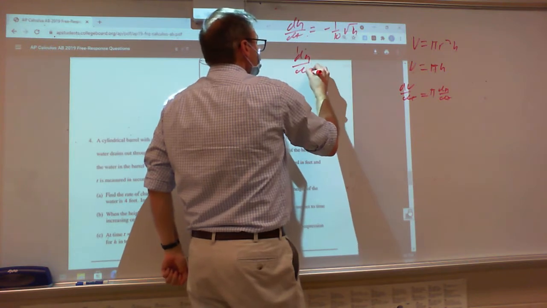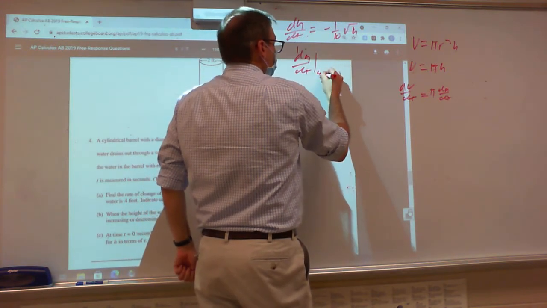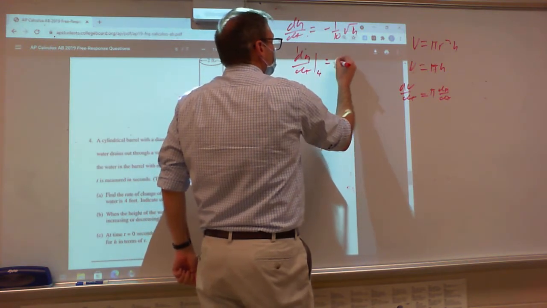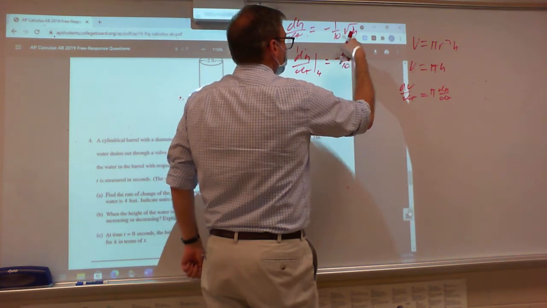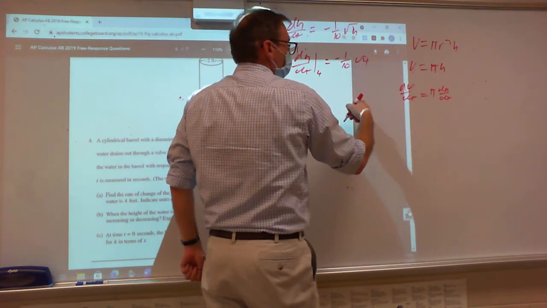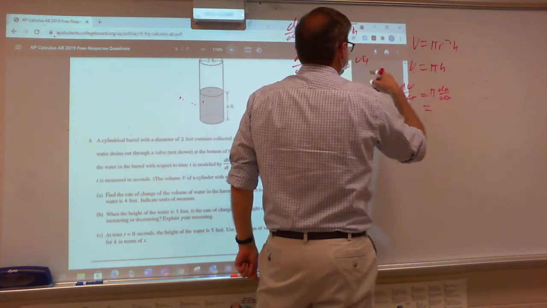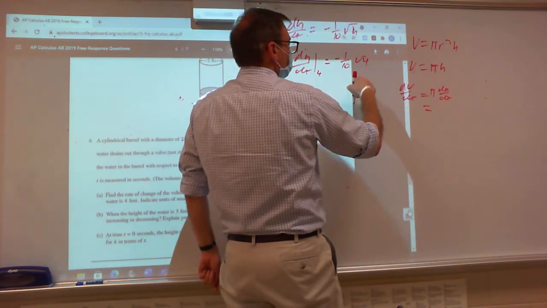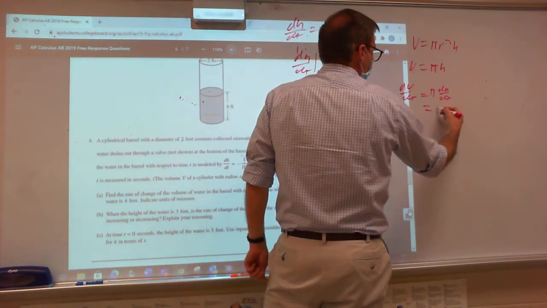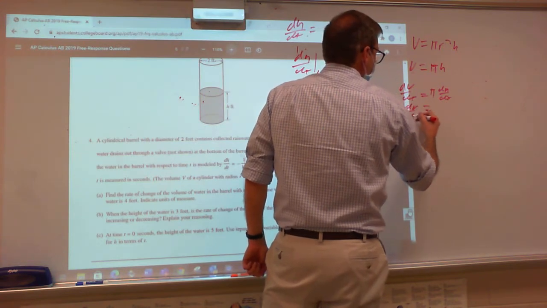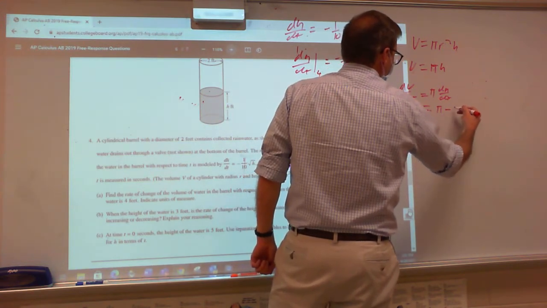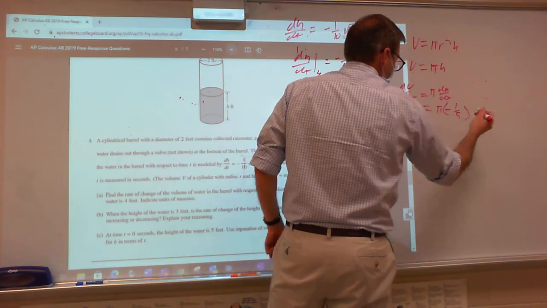So dH/dt evaluated at 4 is going to be negative 1/10 times the square root of 4. Negative 2/10. So dV/dt is equal to pi times negative 1/5. So negative 1/5 pi.